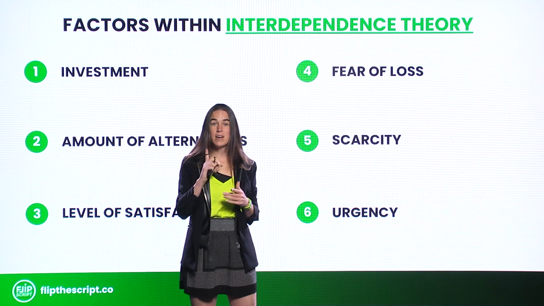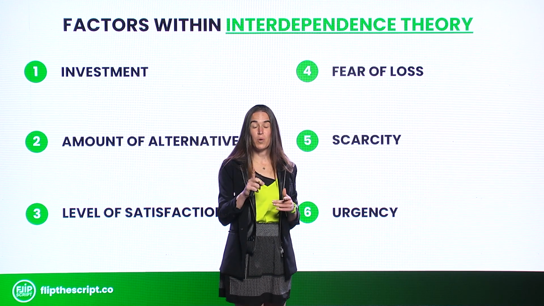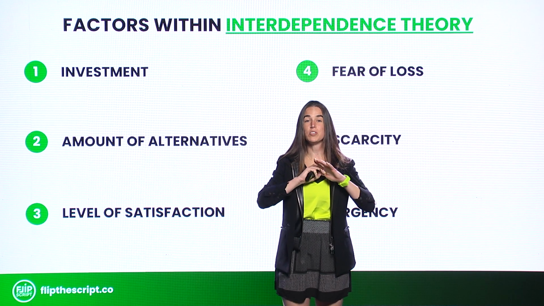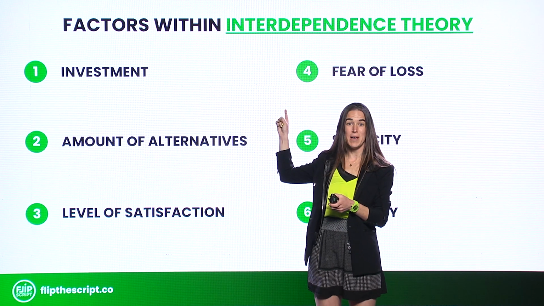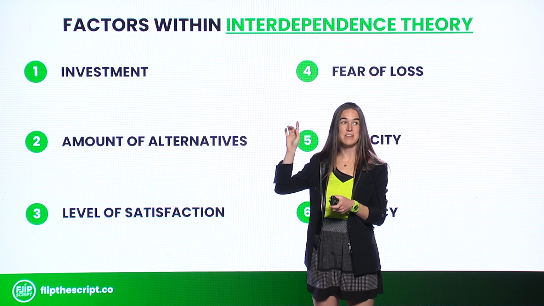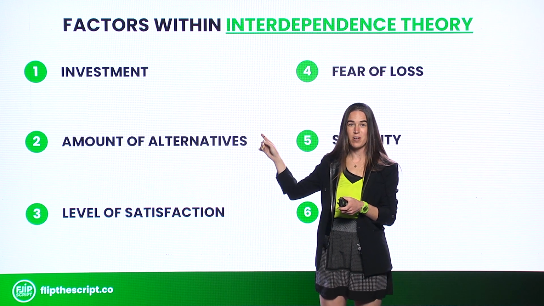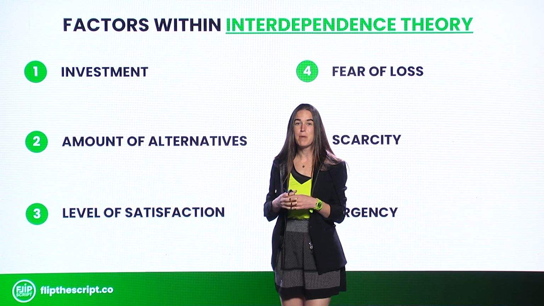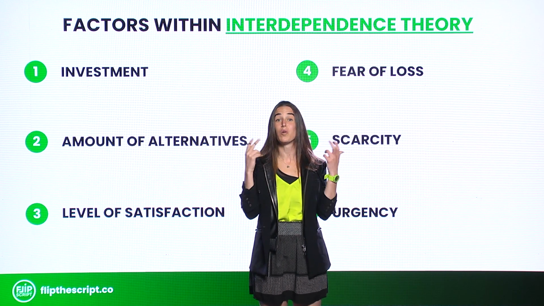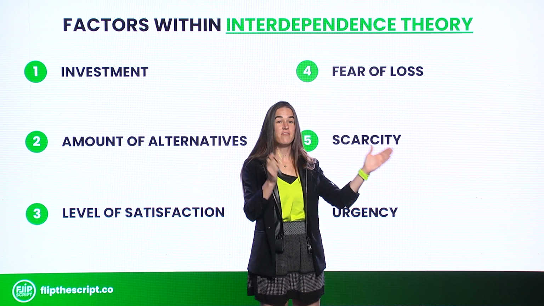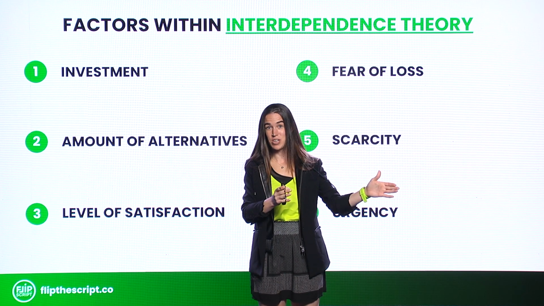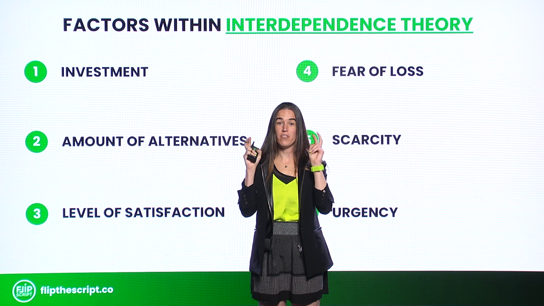And the number 1 factor that drives more decisions, more than almost all of the rest combined, is, you guessed it, number 1: the amount that someone has invested in a relationship so far. This is why people essentially try to work through their issues from a personal perspective, because if they've invested a lot in a relationship, they don't want it to be all for nothing.